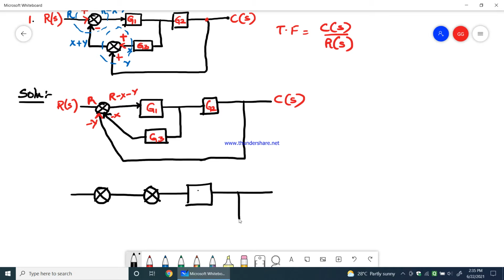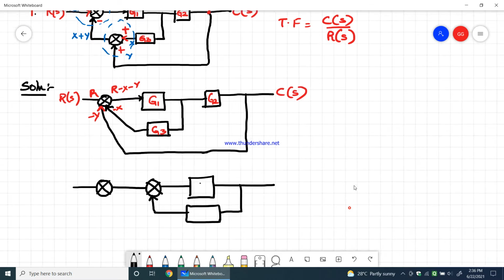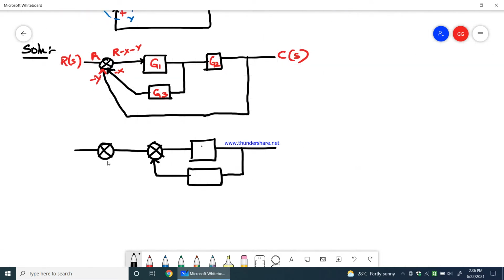Then I'll take G3 and give that to this particular point, and then I'll take a line from here, and G2 should come here, and then I'll give it to this.